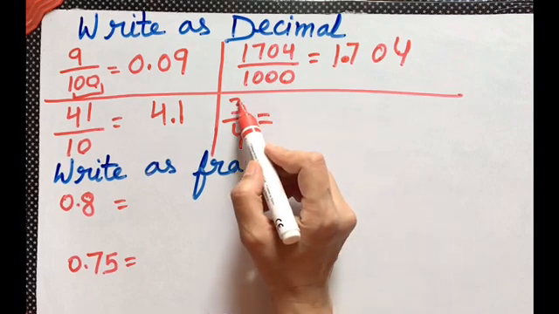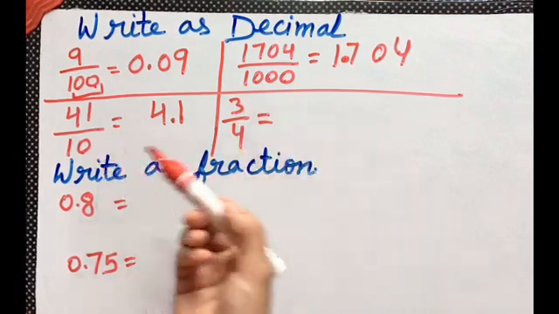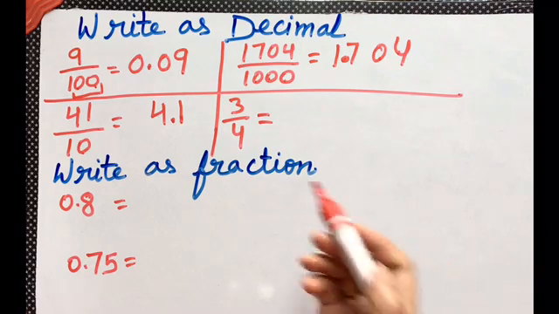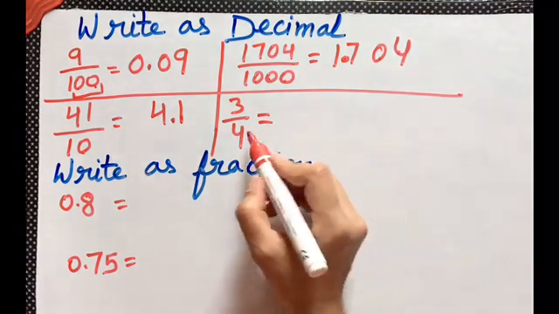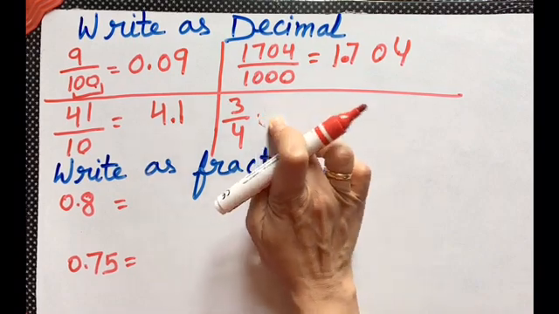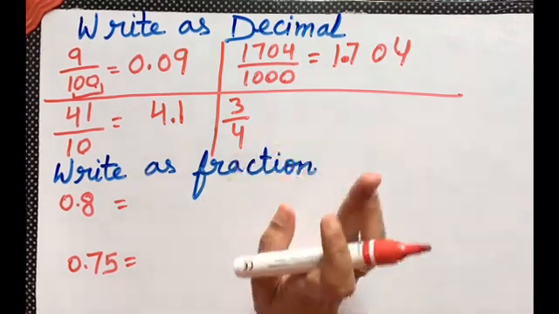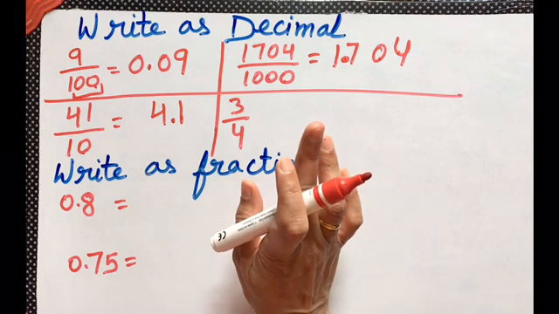Now what happens if your denominator is not 10, 100, 1000? It's not always. So we will make it 1000 or 100. Now by which number do we multiply 4 to make it 100? We cannot make it 10 because 10 doesn't come in the table of 4.